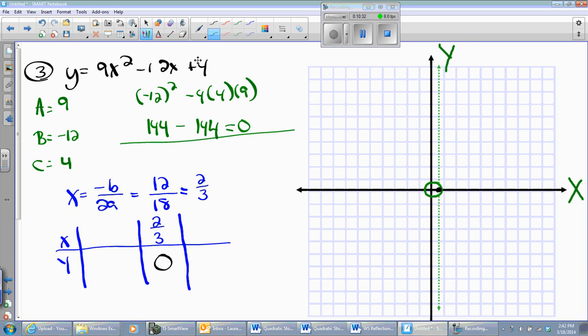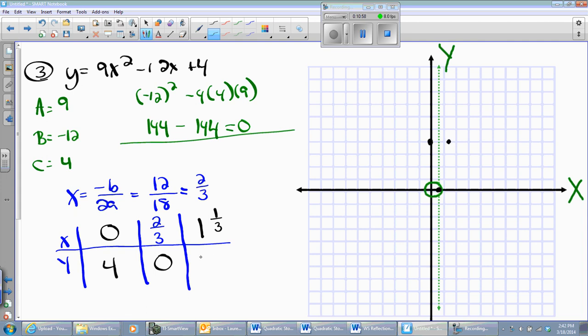Now I can plug 0 in for x, and I will get 4 out, right? 0, 4, 1, 2, 3, 4. Okay, and then I have to go 2/3 of the way there, which will be 4/3 or 1 1/3. So 1 1/3 will be about here, and it's going to be up at 4 again.